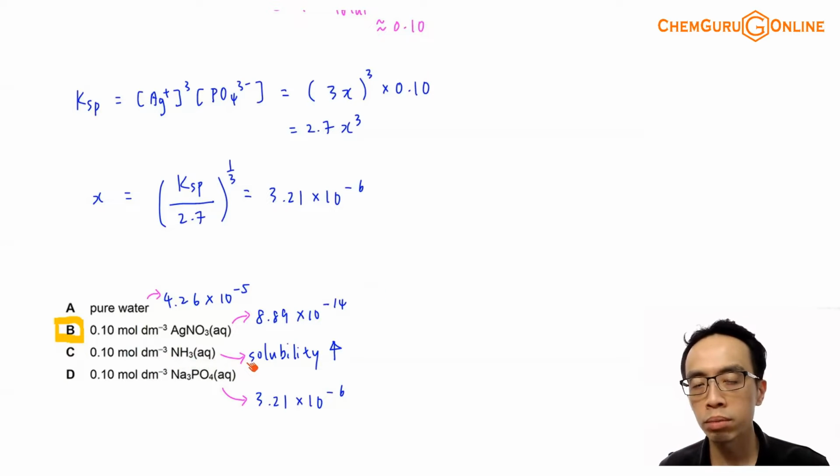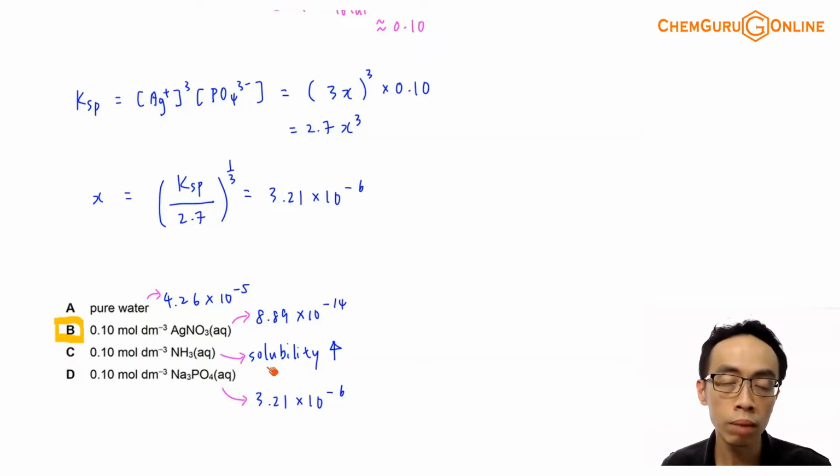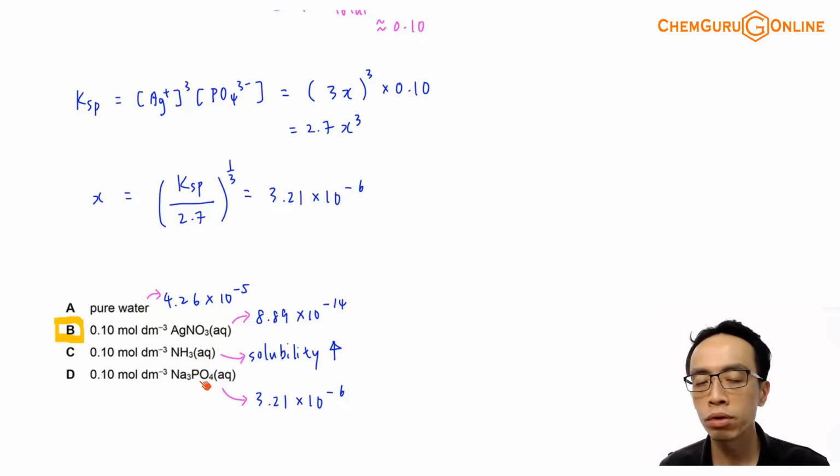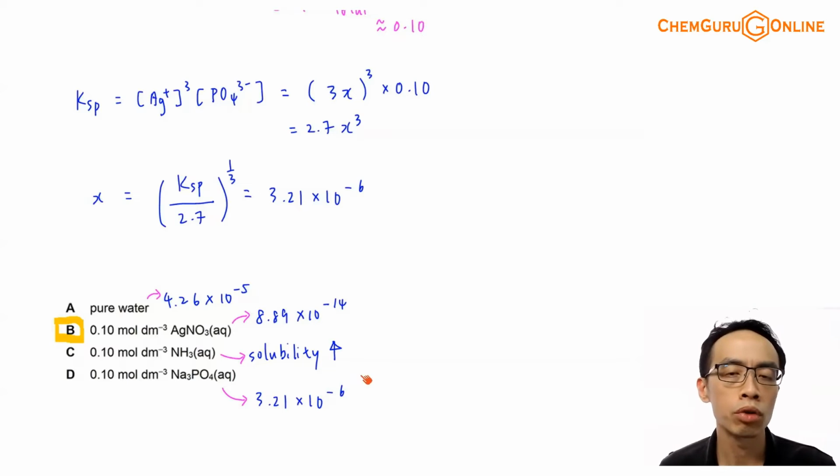C, we cannot calculate it, but we do know that solubility is going to go up because of complex formation. I'm removing Ag+ concentration, so it will trigger the dissociation of the salt to try to top up the loss of my Ag+ concentration. Finally, D, 0.1 mol per dm cube Na3PO4, the solubility is 3.21 times 10 to the power of minus 6. So if you recall, the question is asking for lowest solubility. So in this case, the answer will be option B.